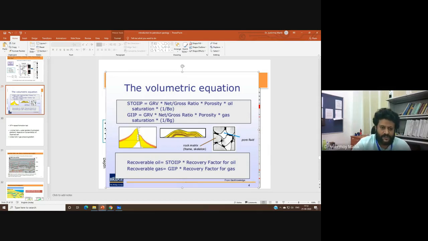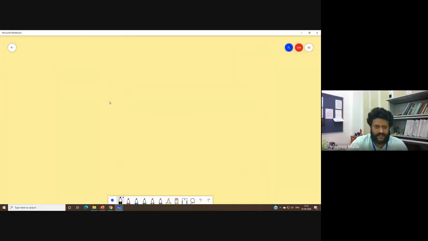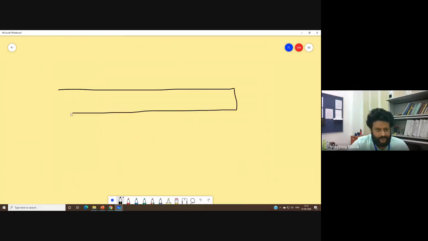And then we also talked about ultimate recovery, and we said there are many factors on which ultimate recovery will depend. Let us just quickly discuss what the factors are. Say, for example, this is my reservoir. I have calculated the GRV, I have calculated the STOIIP.